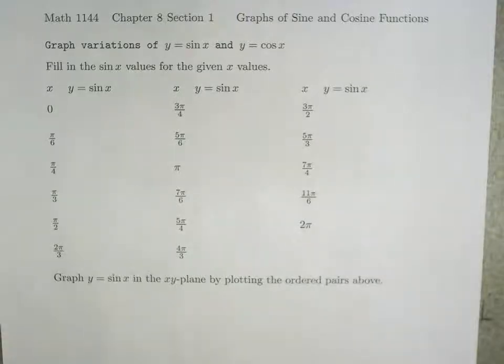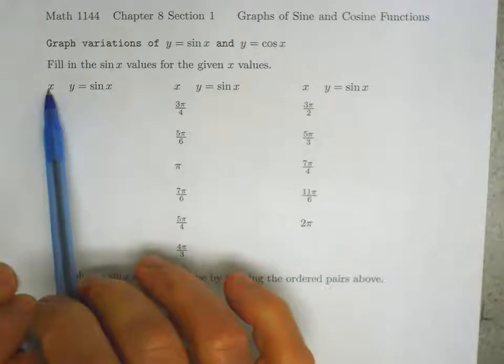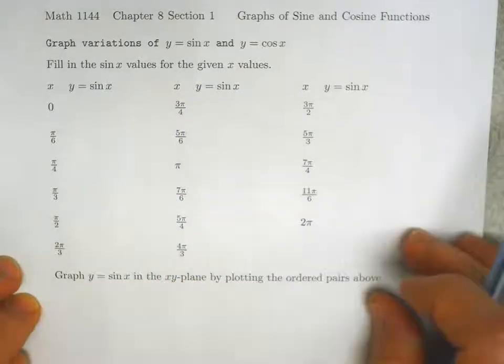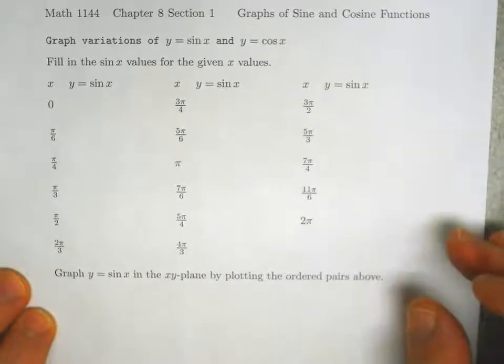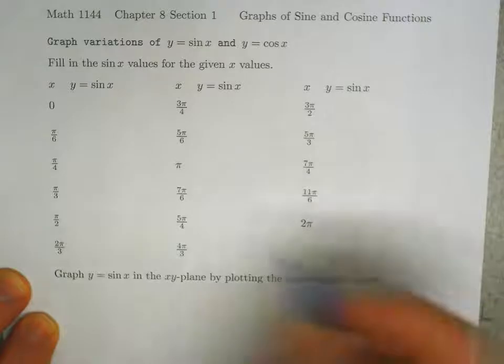We'll start out with some tedious work. So here it says, fill in the sine of x values for the given x values. Hey, we've done just about all. Well, we've done all of these multiple times already, so we can go pretty quickly.